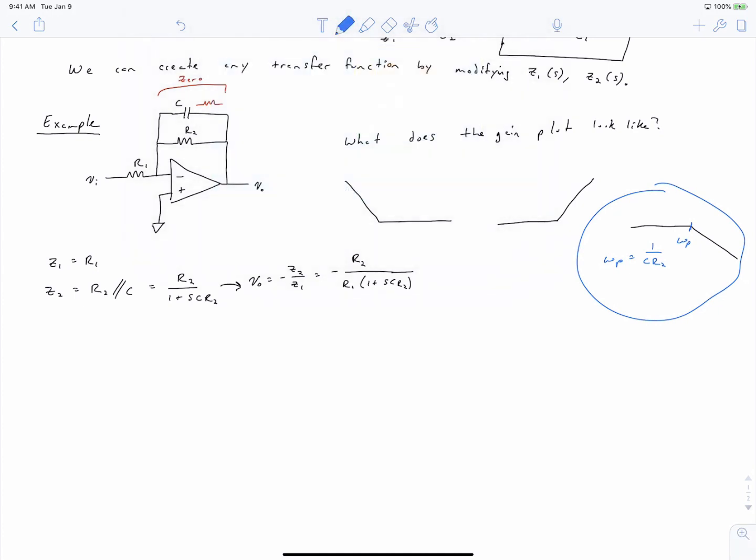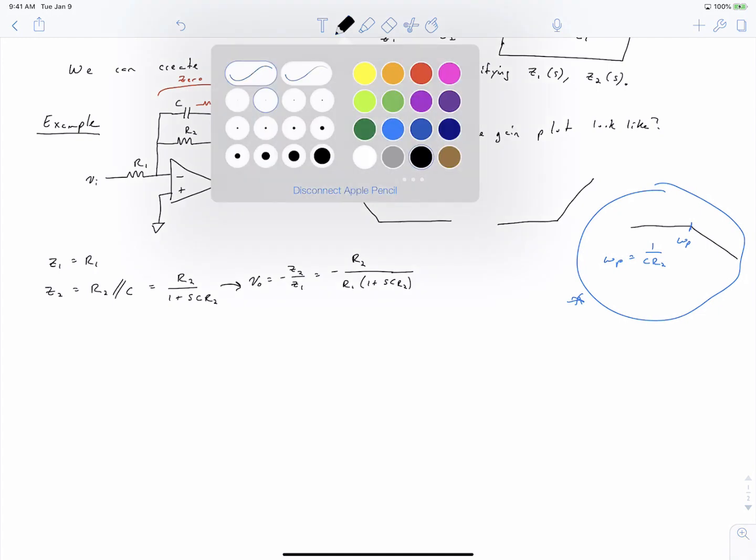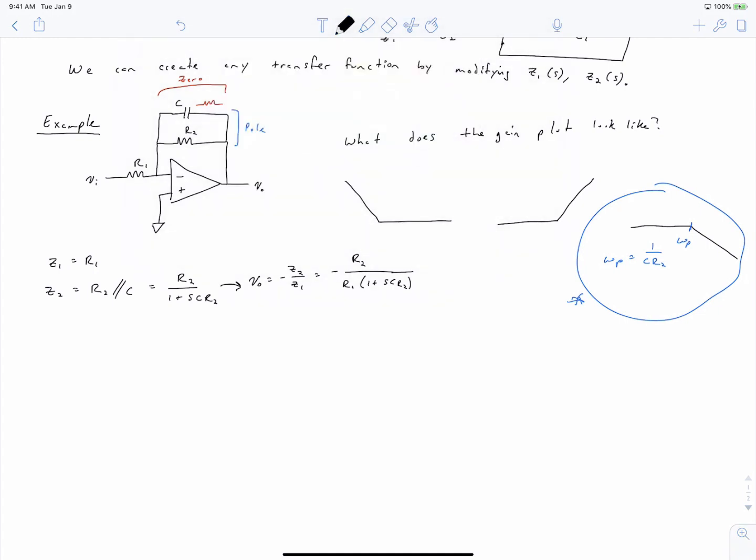So if at first we added a pole out here by this combination of a capacitor and a resistor in parallel, now, by placing a capacitor and a resistor in series in parallel with the first resistor, we end up creating a zero. And so you can keep adding more poles and zeros by making this transfer function more and more nuanced. In addition to modifying Z2, we can also modify Z1.